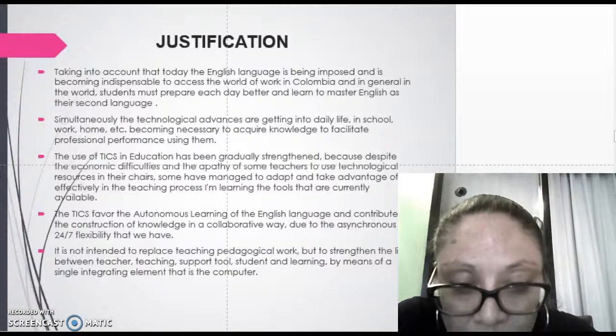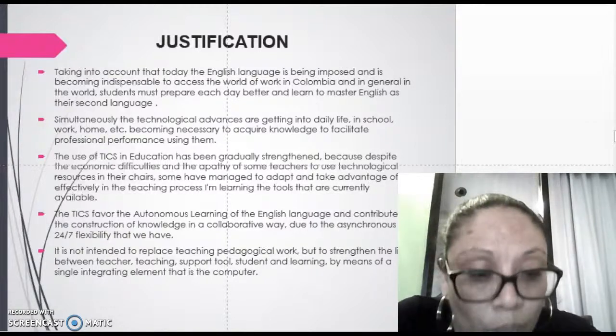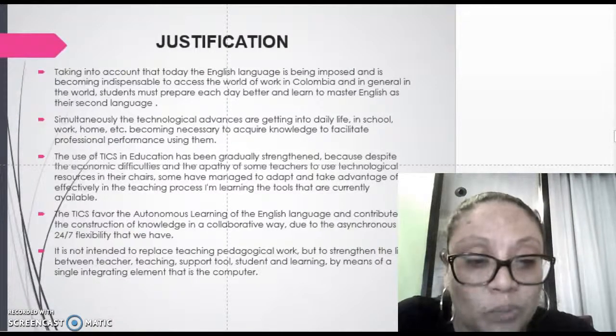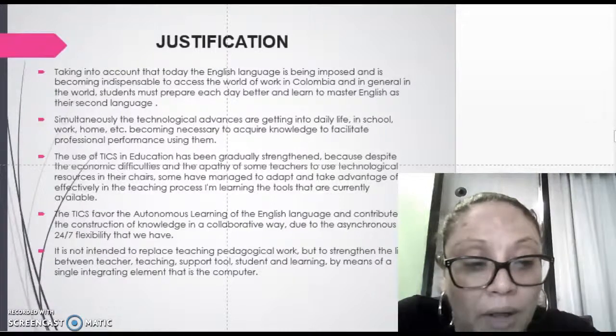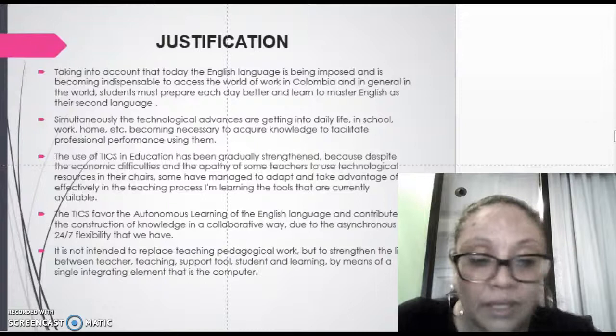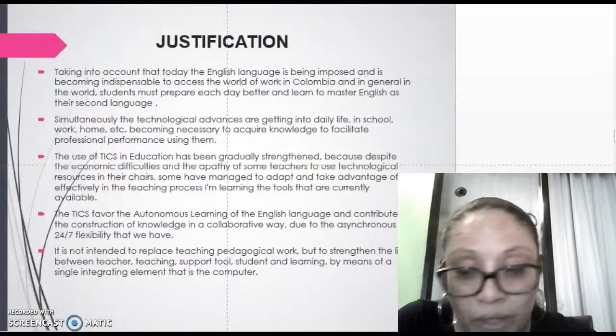It's not intended to replace the teacher's pedagogical work, but to strengthen the link between teacher and support tool, student and learning, by means of a single interacting element that is the computer.